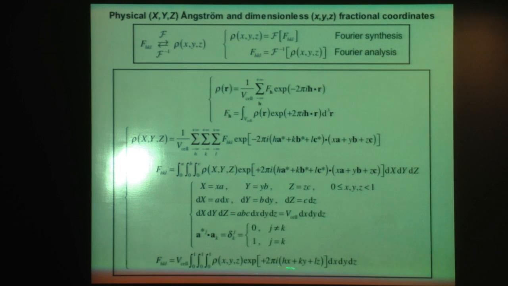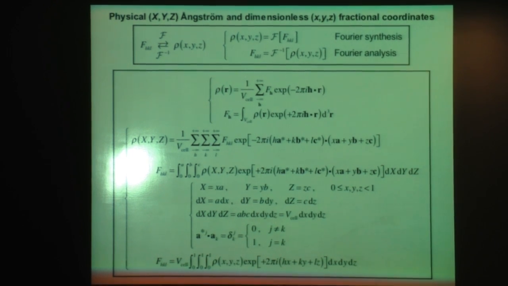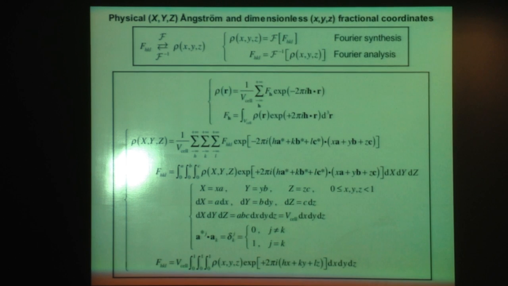So x, y, z, lowercase, are what we refer to as fractional coordinates, and that's what gets reported everywhere in crystal structure results, in PDB, and so on, in CIF files, and so on. So it's the distinction between Fourier synthesis and structure factor calculations with angstrom coordinates or dimensionless fractional coordinates.